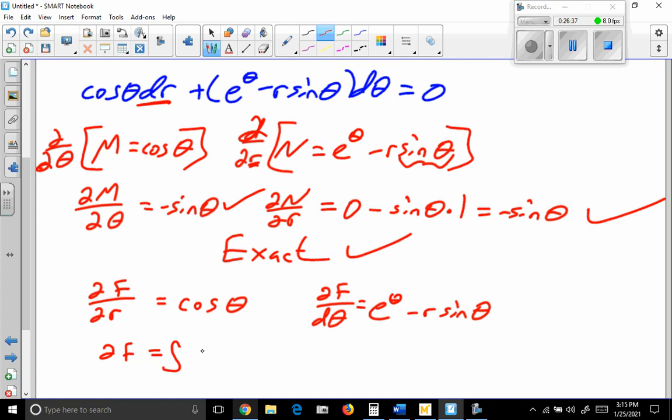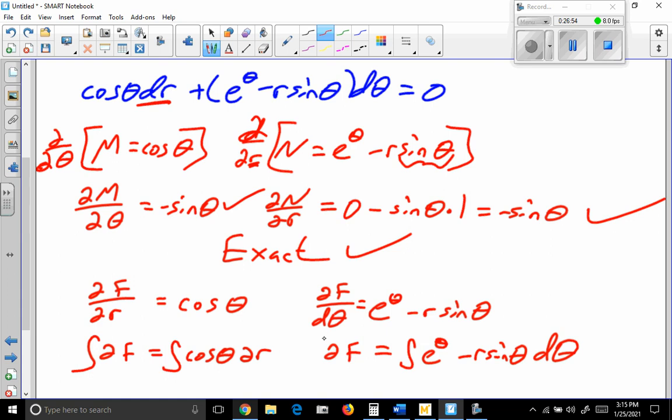We're going to integrate cosine theta with respect to r. Here, to get f, we're going to integrate e to the theta minus r sine theta with respect to theta, just moving the d theta over.